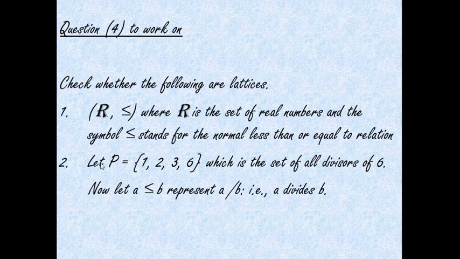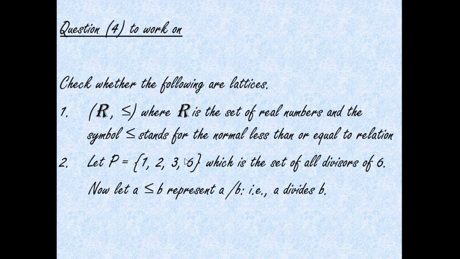The next question is you have the set of all divisors of 6, and you are given the relation A less than or equal to B to be A divides B. That is, 1 divides 2, 1 divides 3, 1 divides 6.